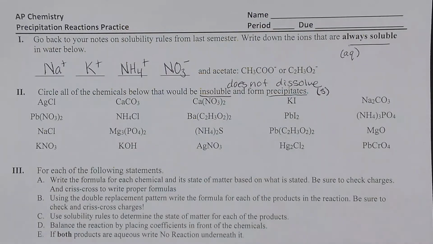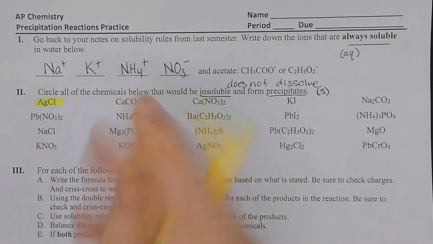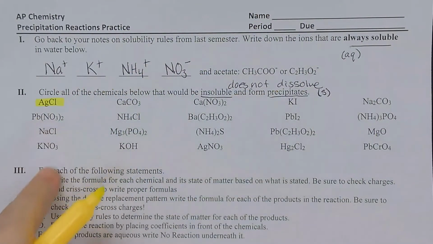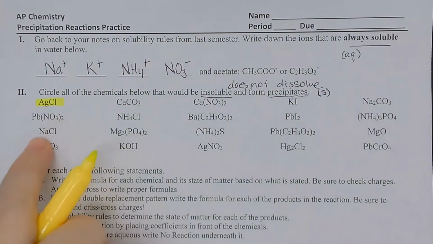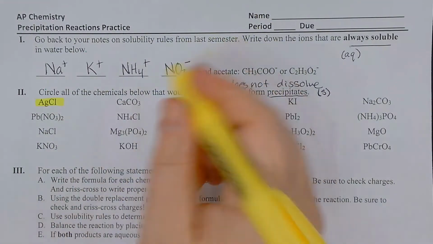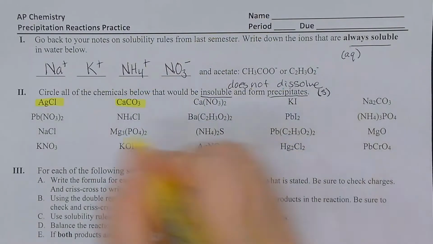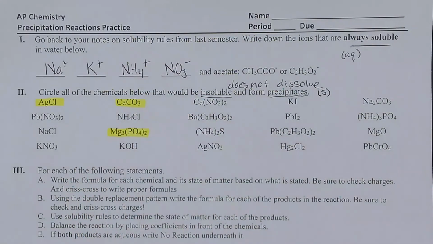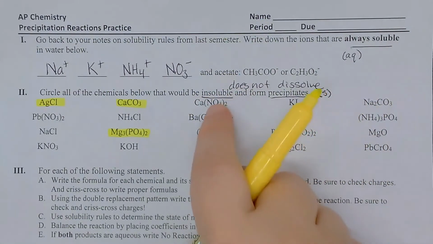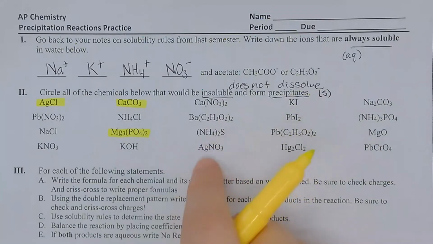All right, so the ones that would be insoluble would be like AgCl, because it does not have any of these ions. These would all be soluble because we have nitrate, sodium, potassium, and nitrate. In the second column, calcium carbonate and magnesium phosphate would be insoluble. Those would form solids. Our third column, we've got nitrate, acetate, ammonium, and nitrate.